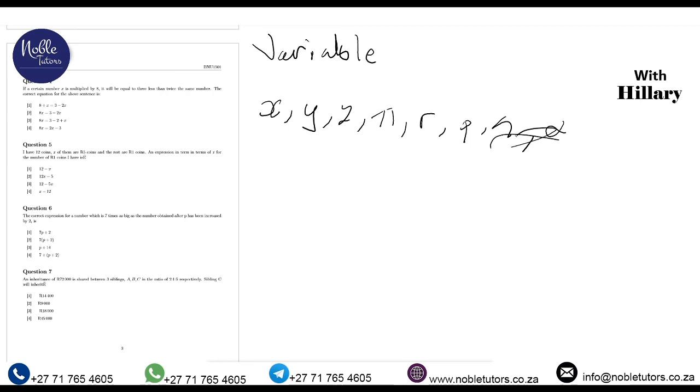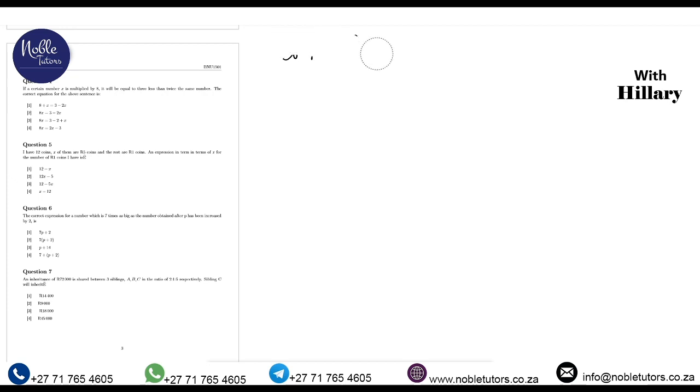Okay, so having said that, we now want to formulate a mathematical expression given the statements above. On question number 4, they said if a certain number x is multiplied by 8. So we don't know the actual value of x, but we know that number is represented by x.